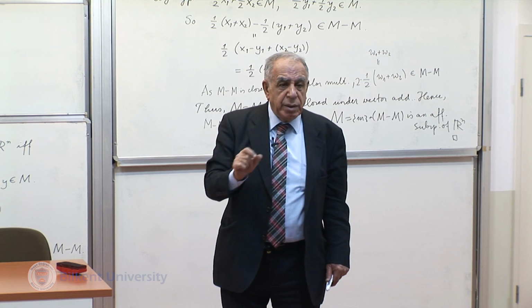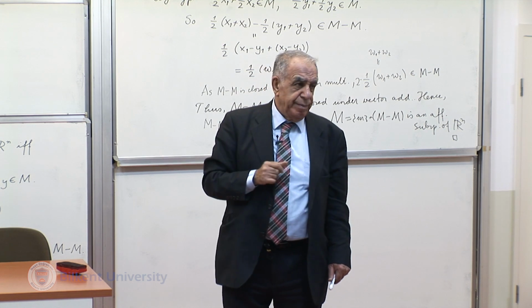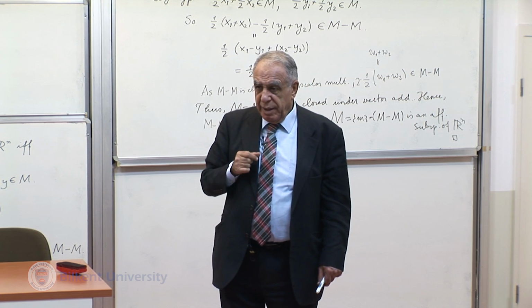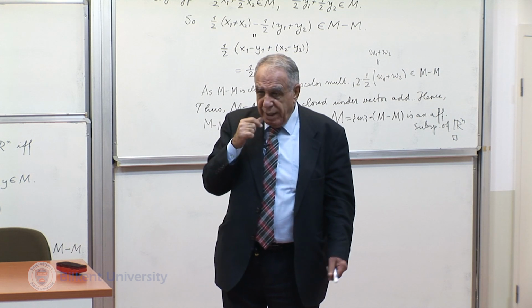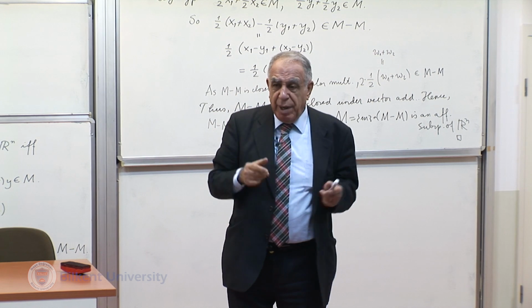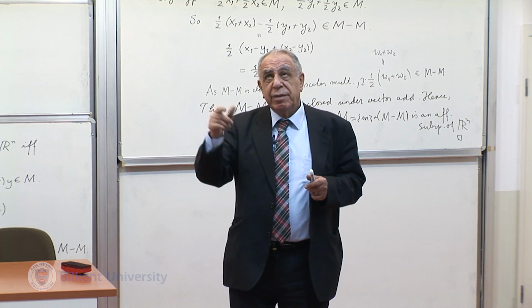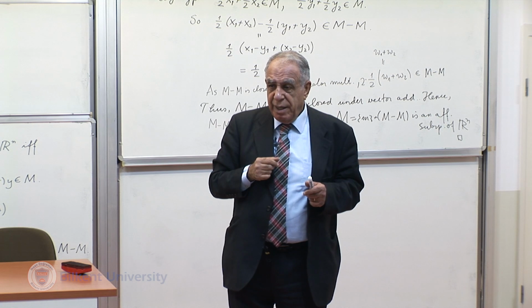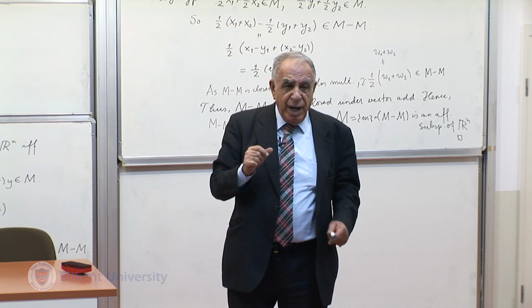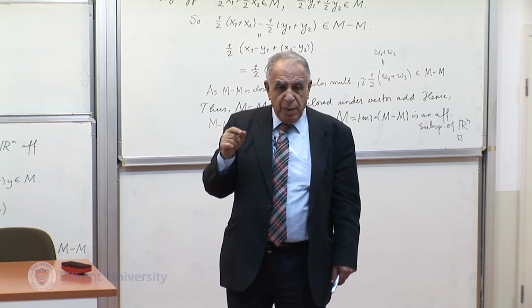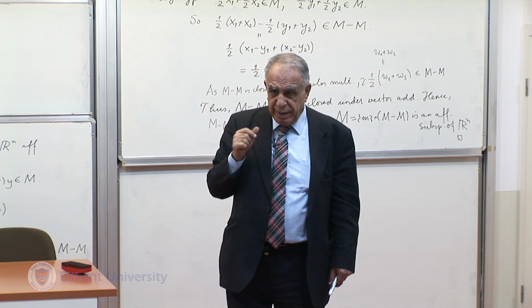Now we will do something similar with affine subspaces. That is, given a subset, say cap S of Rn, we wish to define the smallest affine subspace which contains cap S.